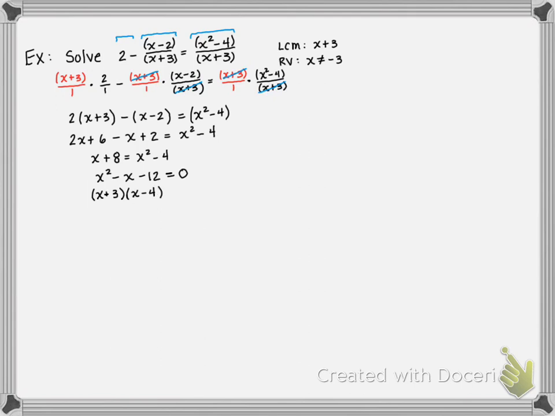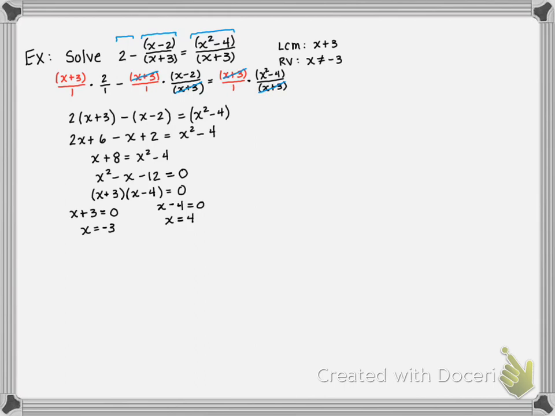In the interest of time, take my word for it. And then we're going to set each factor equal to 0. We get x equals -3 and x equals 4.